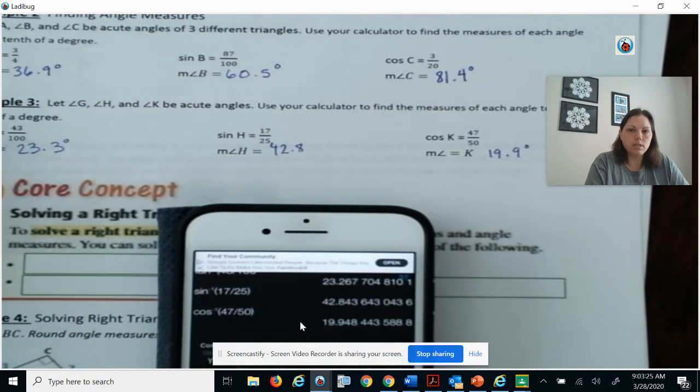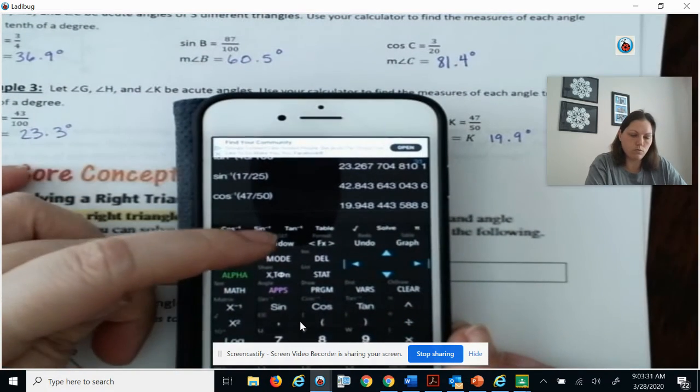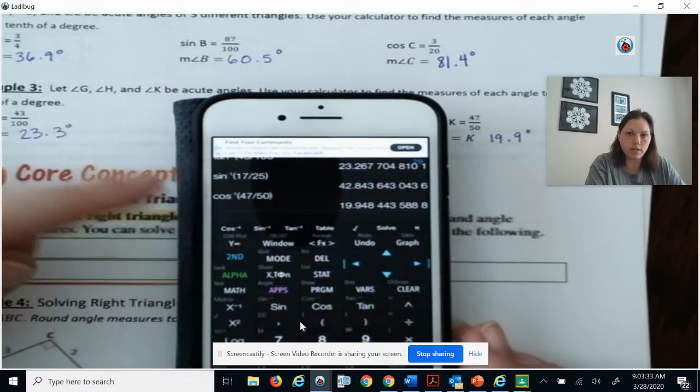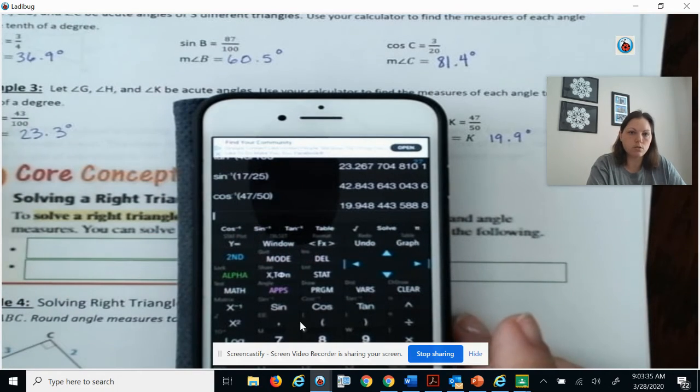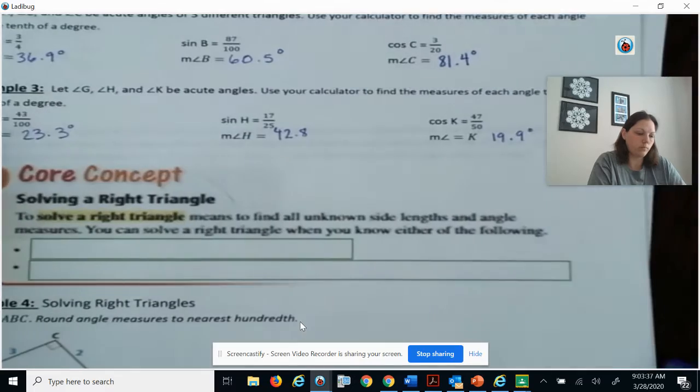Okay. If you're getting different answers, remember you might need to reset your calculator into the degree mode, and you do that by going to mode and finding degree, cursor over it, and push enter.